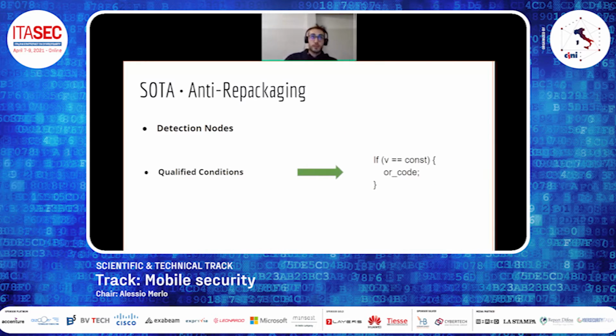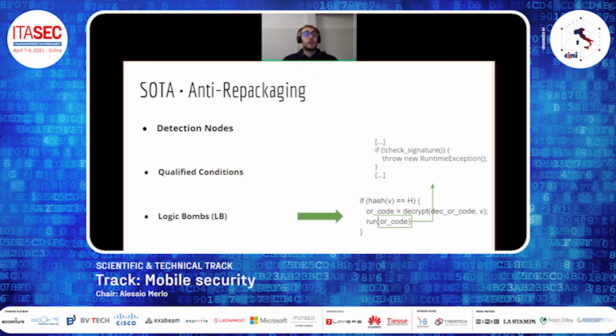The second main component of the anti-repackaging techniques is the qualified condition, which is an equality check where one of the 2 operands is a constant value. Finally, the third main component is the logic bomb.